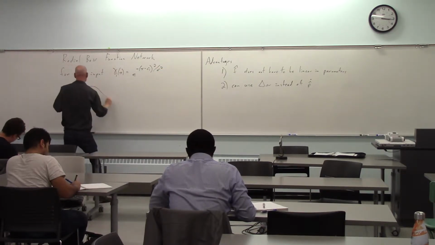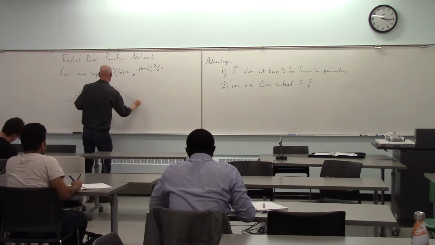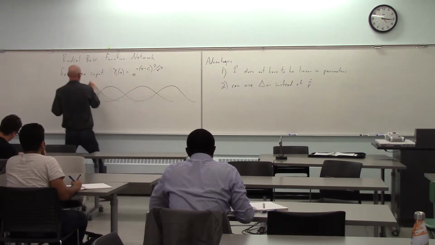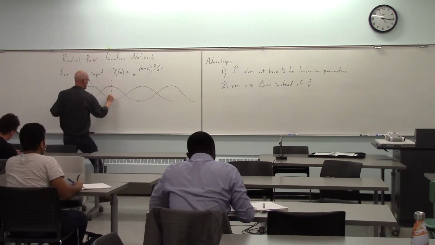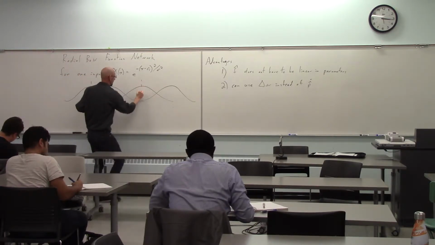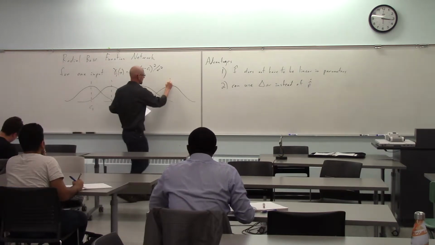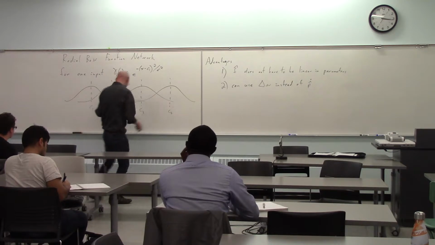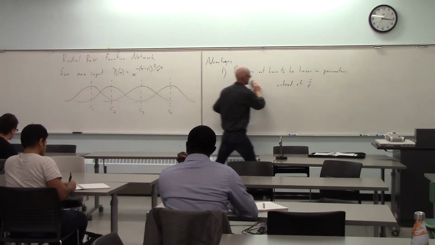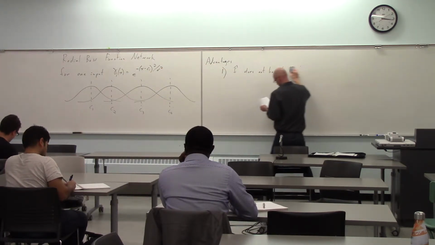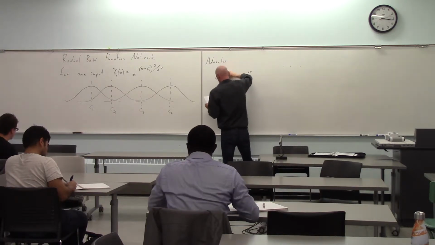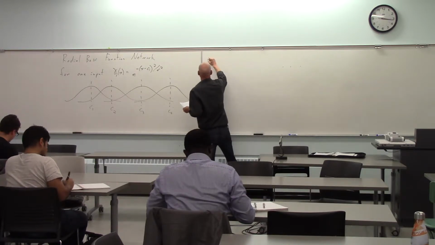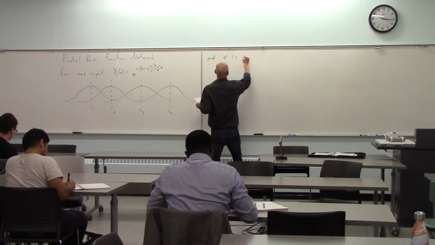So you basically just have a bunch of Gaussians, and sigma is a positive constant.